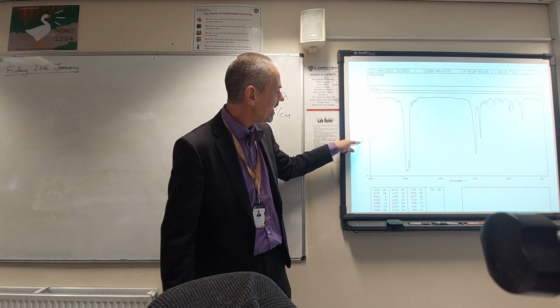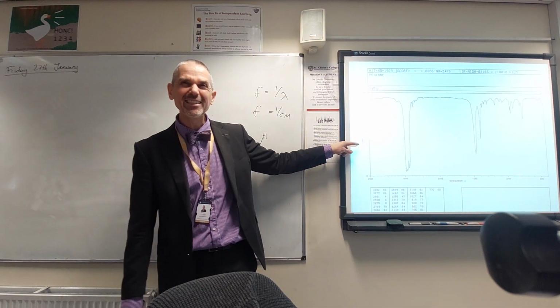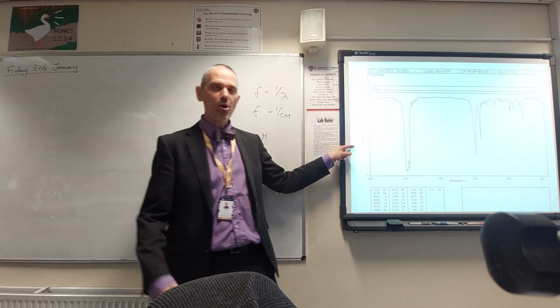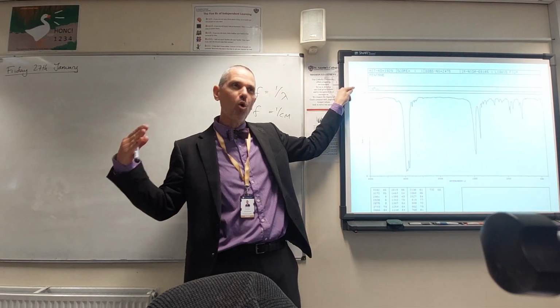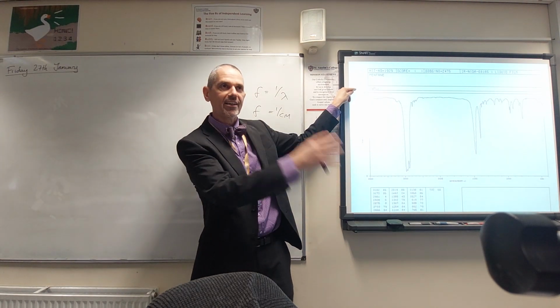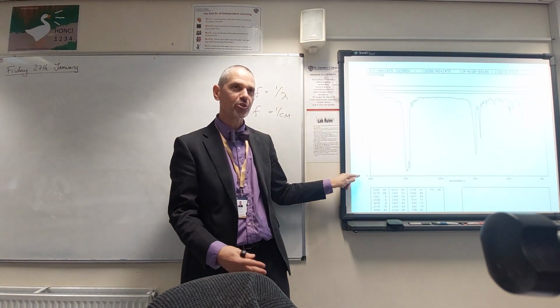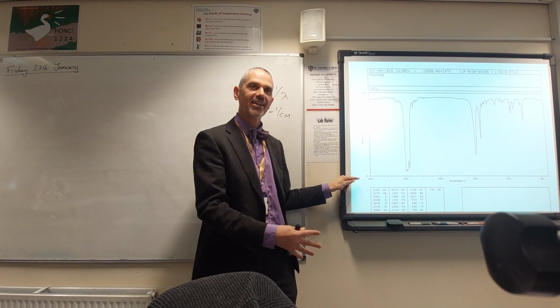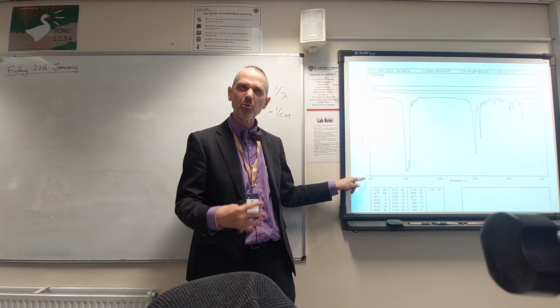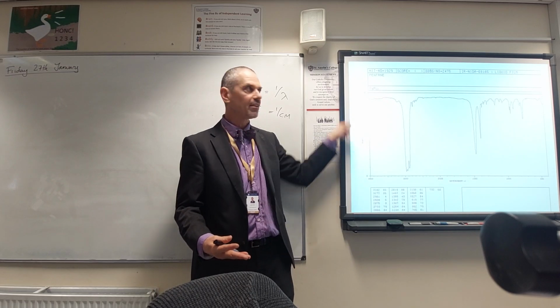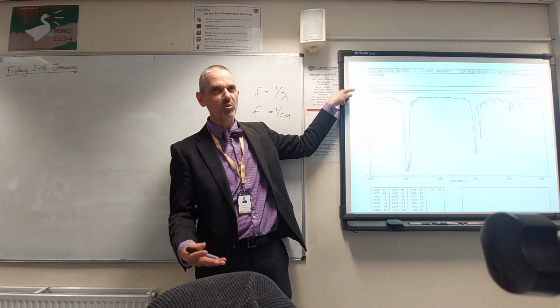What we're measuring here is the amount of what's called transmittance, which is kind of the opposite of absorption. If you have 100% transmittance, that means all the light has gone through the sample and come out the other side. 0 transmittance means that none has come out the other side. So 0 transmittance would be 100% absorption, and 100% transmittance would be 0% absorption.